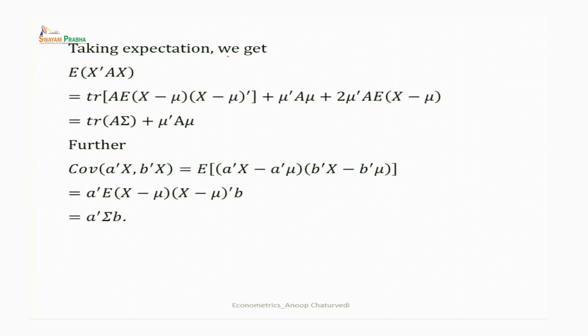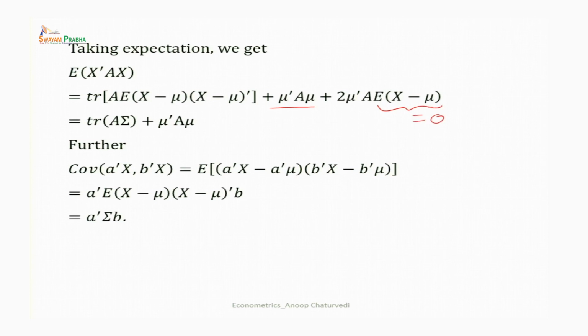Now, taking expectation of both sides, we get expectation of x transpose A x equal to trace of A times expectation of (x minus mu)(x minus mu) transpose, plus mu transpose A mu, which is a constant. So, expectation of mu transpose A mu is the same constant, and the third term is twice mu transpose A times expectation of x minus mu, which is equal to 0.